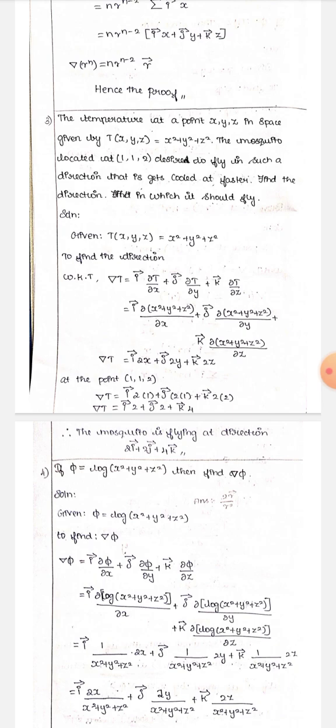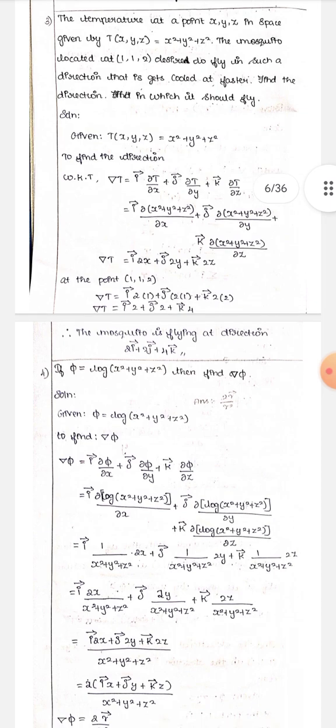The given point is 1, 1, 2. The temperature is x square plus y square plus z square. Solution: given T of x, y, z is equal to x square plus y square plus z square. To find the direction, we already know that del T is equal to i vector of dou T by dou x plus j vector of dou T by dou y plus k vector of dou T by dou z.